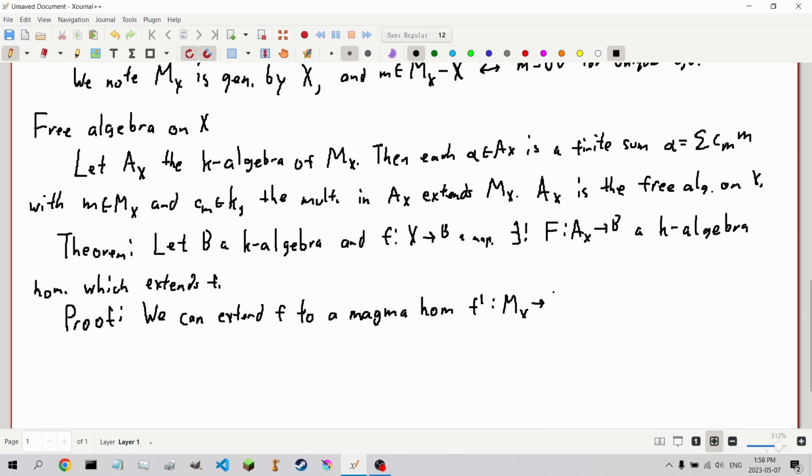Yeah, we already have that, with B as a magma.